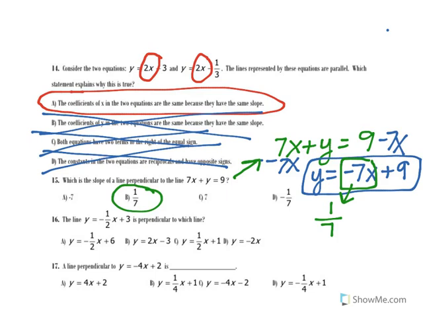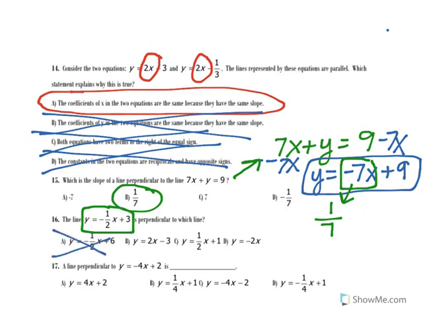Number 16 says the line y equals negative 1/2 x plus 3 is perpendicular to which line? We can only find out which one's perpendicular if y is by itself. So in each of our answer choices, we make sure that y is by itself, and then look to find which one's perpendicular. We want a line that is the opposite of negative 1/2.